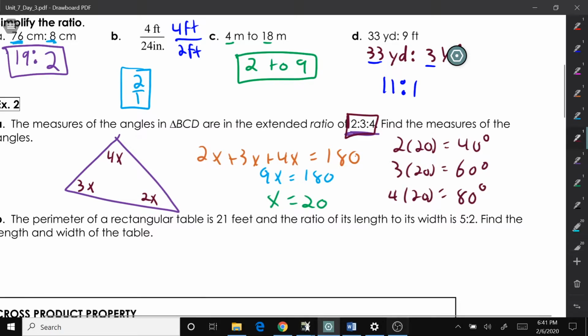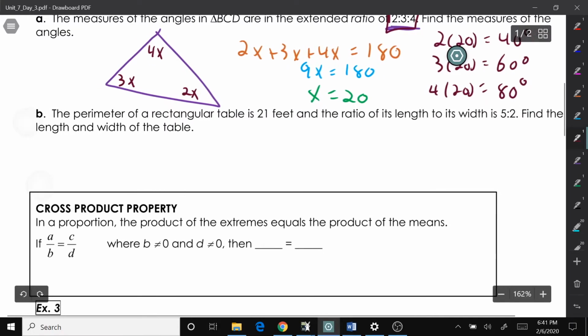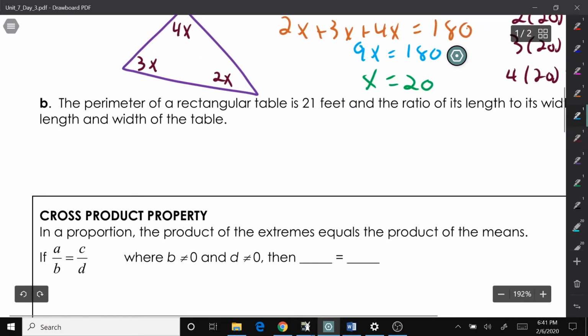Alright, if we look at the next one, it says the perimeter of a rectangular table is 21 feet and the ratio of its length to its width is 5 to 2. Find the length and width of the table. So let's draw a picture because I think that helps with what we're trying to do.